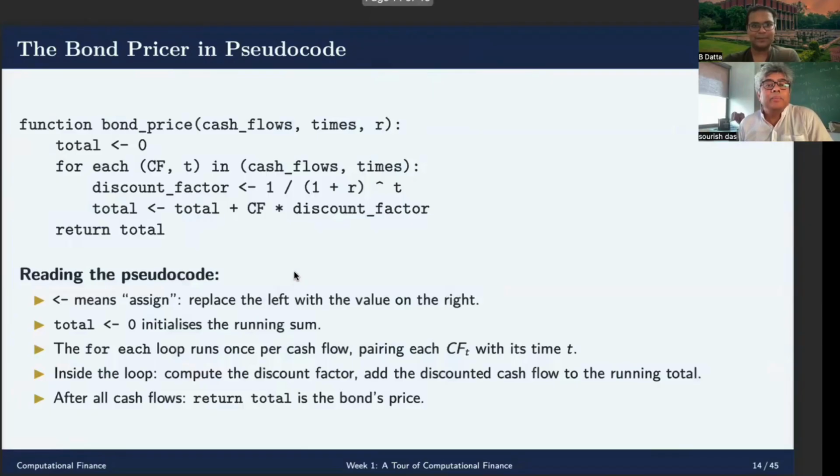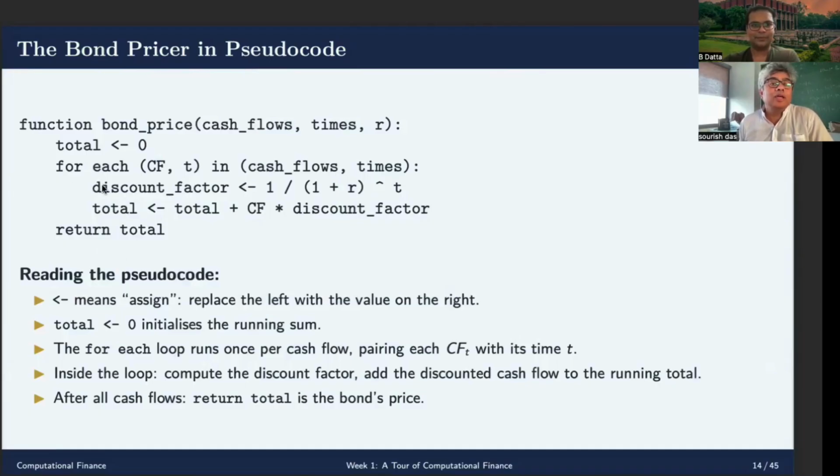And once you get the discount factor, then you know the cash flow at that time. So if you multiply the cash flow at the t-th time point by its corresponding discount factor, you will get the present value of that cash flow. And then you add that to your total, and that will be your updated total.